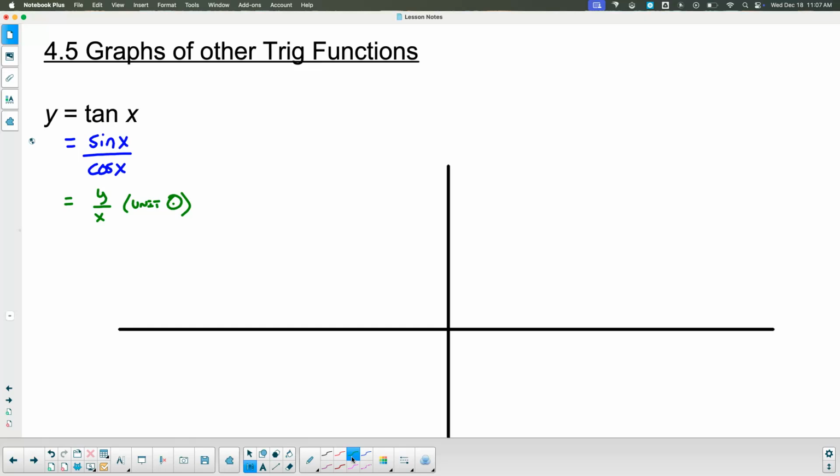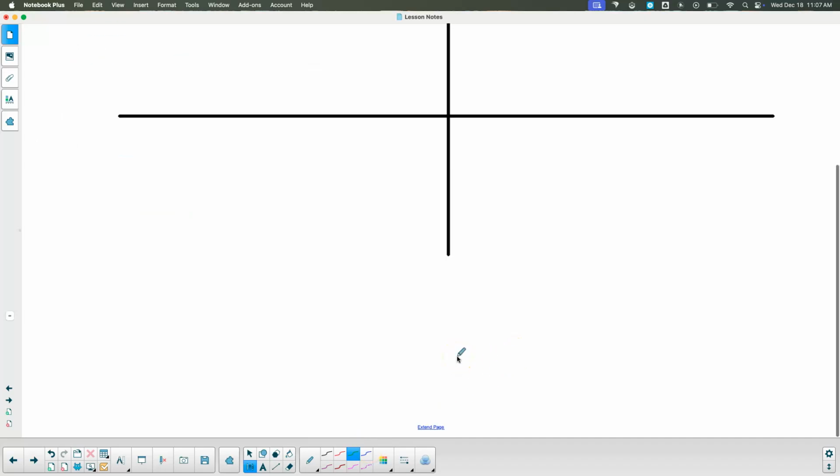Okay, so where on the unit circle is tangent undefined?